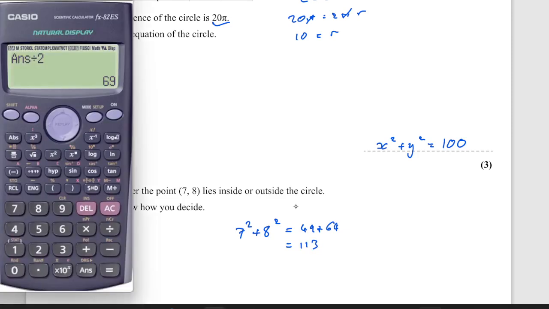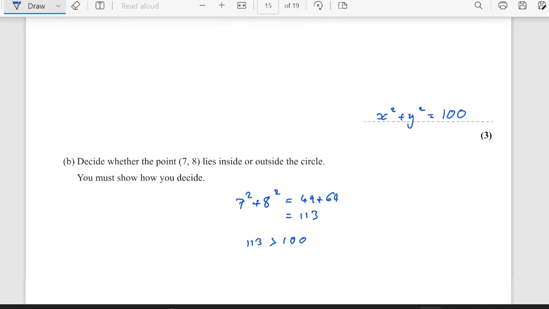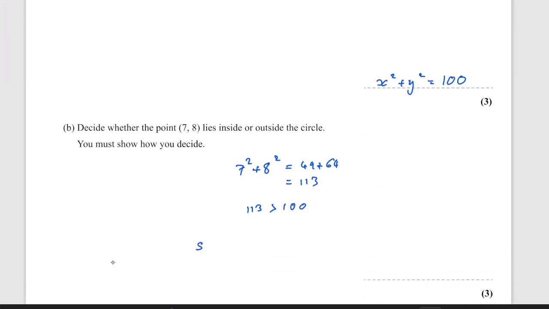Let's just double check. 7 squared plus 8 squared is equal to 113. So 113 is greater than 100. So the point 7, 8 would be outside the circle.